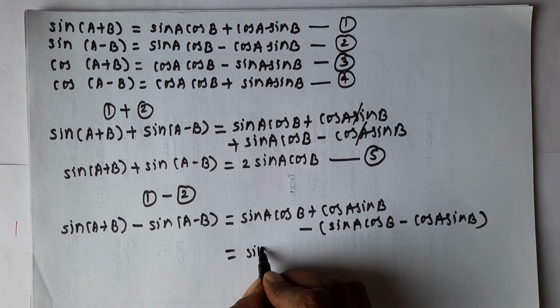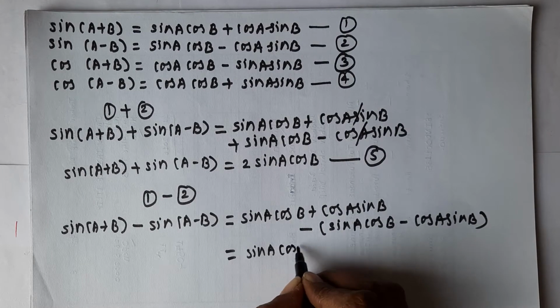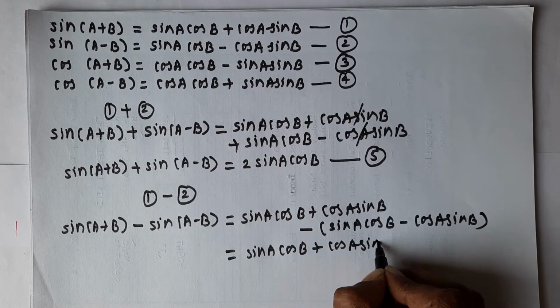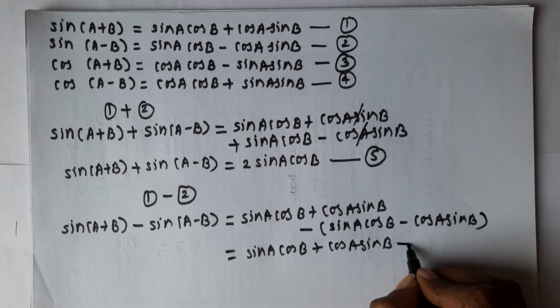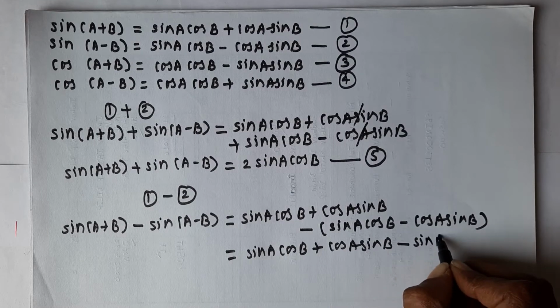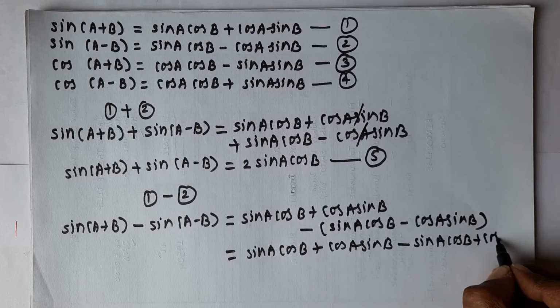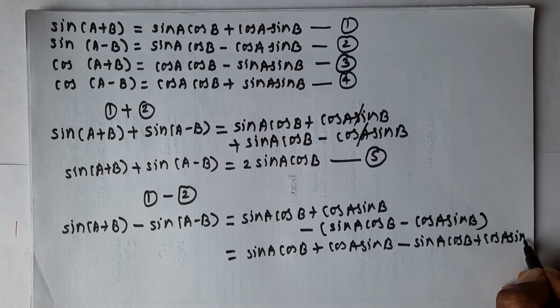In the next step, write down this sin a cos b plus cos a sin b as it is. Now open the bracket. This will be minus sin a cos b, and this will be minus minus plus cos a sin b. Okay.